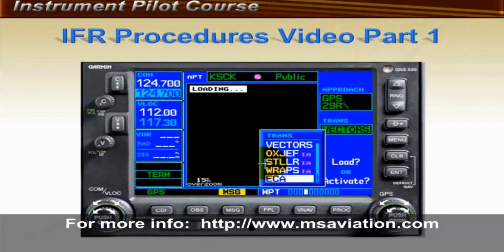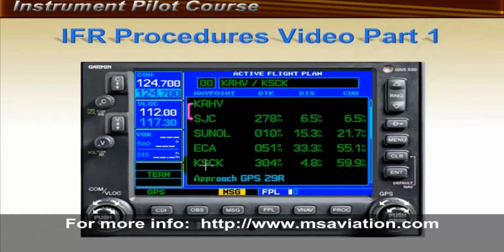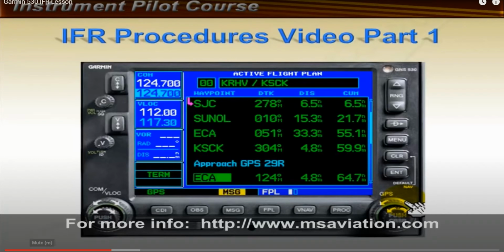In real life flying, sometimes we won't know exactly where we're going to start this approach from, so we just load something we think might be close, and then we can edit the flight plan later. There we can see the approach, and it says load or activate, so we'll load it. Now we've added this instrument approach after the Stockton airport. As we go down through, we have Manteca, Stockton, and then the instrument approach, which starts at Manteca.